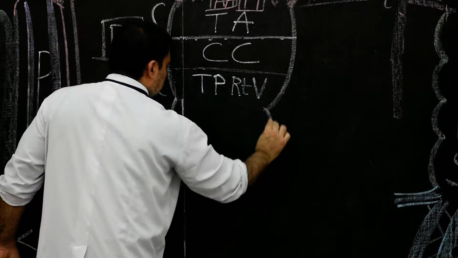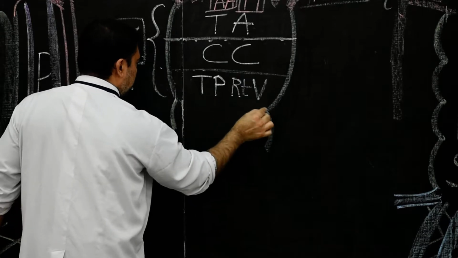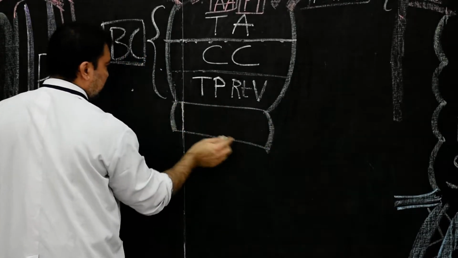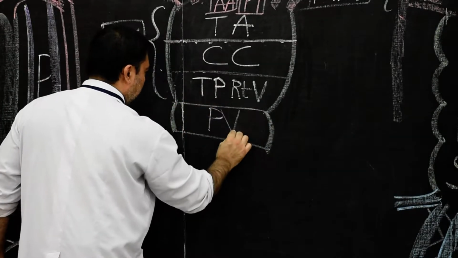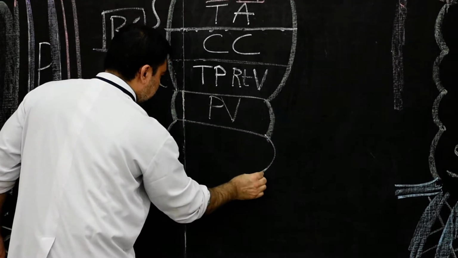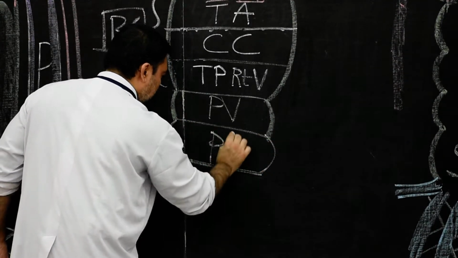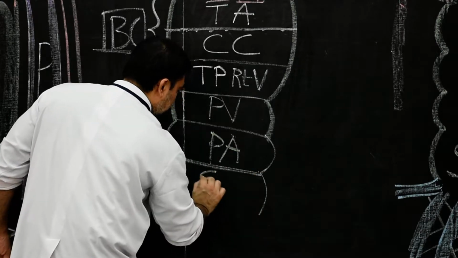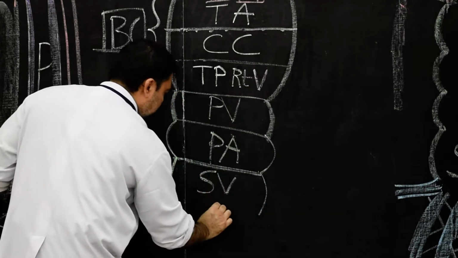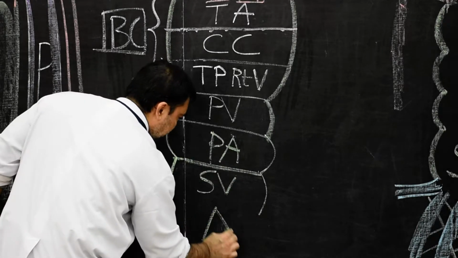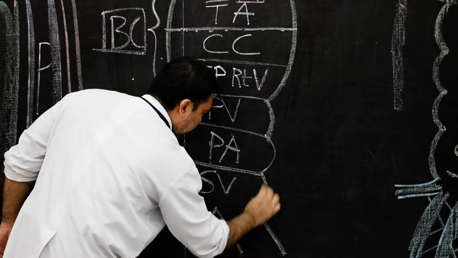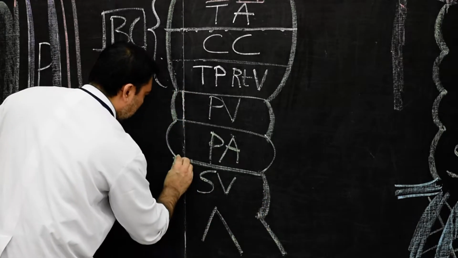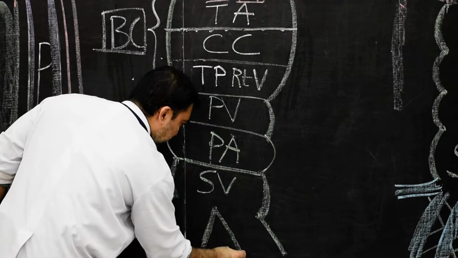Bulbus cordis, then the next segment will be primitive ventricle. Then the next segment will be primitive atrium, and the next segment will be sinus venosus, which will divide into, please note down, the 2 horns of sinus venosus.